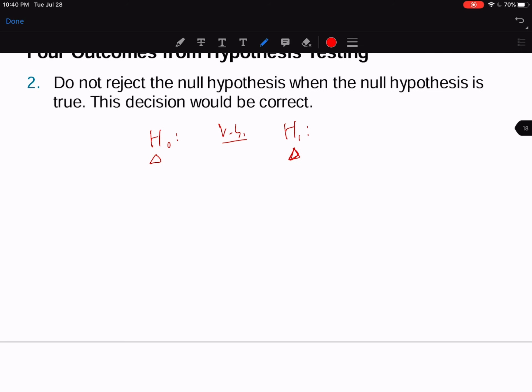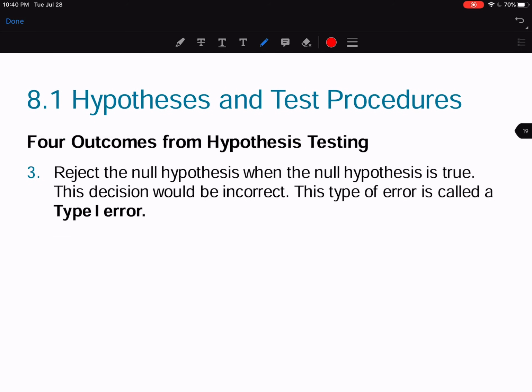Okay. All right. Number 3, reject the null hypothesis when the null hypothesis is true. So if the null hypothesis is true, we should not reject it. But if we reject the null hypothesis when the null hypothesis is true, this decision would be incorrect, and we're making a mistake.